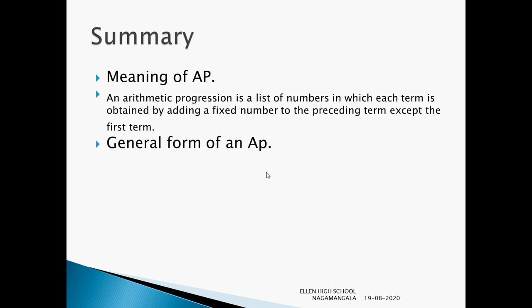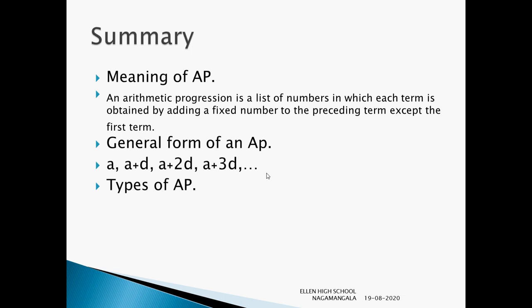After that we learnt the general form of an AP. What is the general form of an AP? Yes: a, a plus d, a plus 2d, a plus 3d. This is the general form of an AP. Otherwise, I also told you a1, a2, a3, that is also a general form of an AP. And one more thing we learned today, the types of AP.